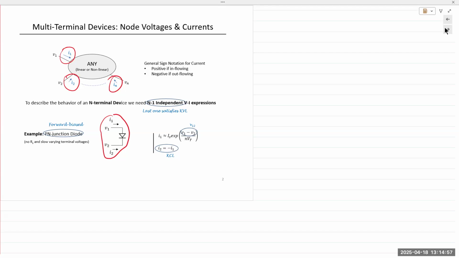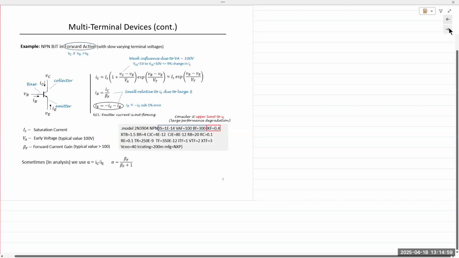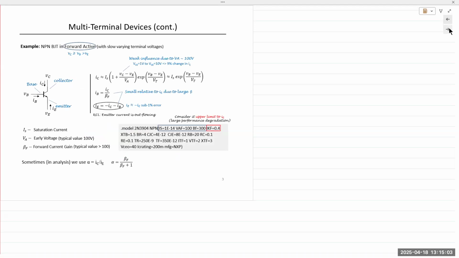Now, multi-terminal devices, as I said, we want to look at the BJT. That's our primary focus. BJT stands for bipolar junction transistor. This is the symbol for a bipolar junction transistor.